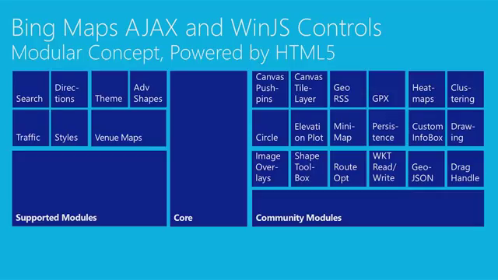Now, the whole concept is so modular that we open it up for the community to develop their own modules that extend the basic functionality that we have built into the Bing Maps Ajax control and the WinJS control. And on Codeplex, you will find a number of these controls already. They are bundled together, and you find controls and modules there that allow you to load GeoRSS feeds or GPX feeds.